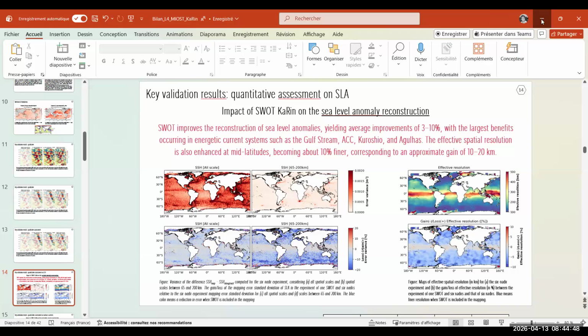Yes, thanks. So it's very interesting. In fact, we have the mapping system that we have to decide which one we have, and we have the data. So if we have a lot of data, but then we smooth at the end, the data are not really used as we want. So the question is, when we look at DUACS and we compare with SWOT along track, so the grids or profile, we see that there is much less variability.